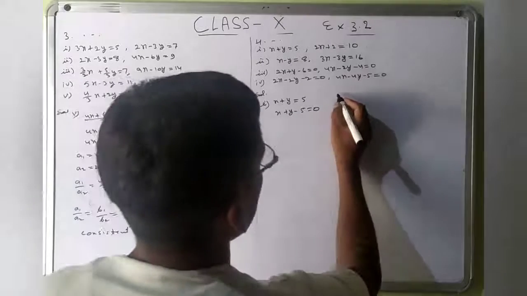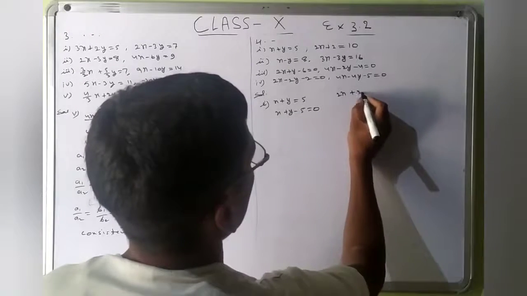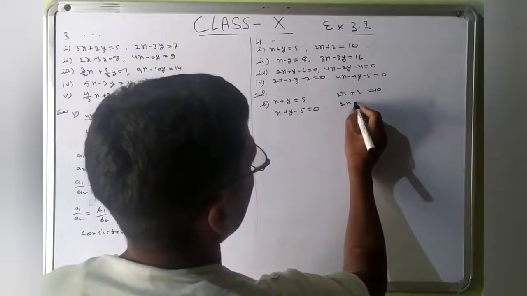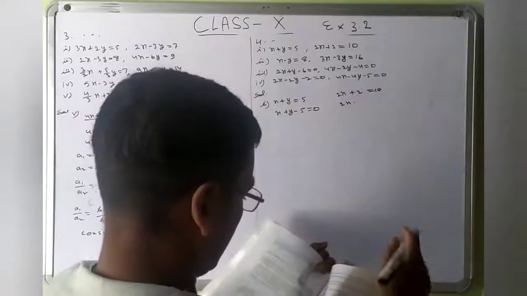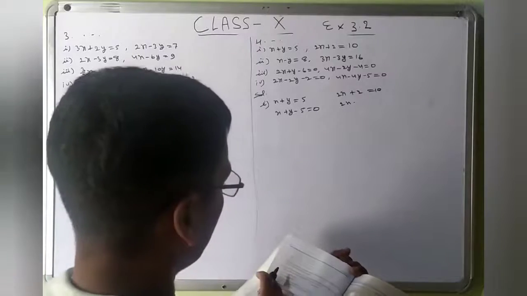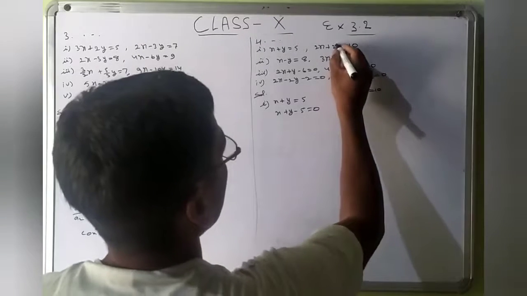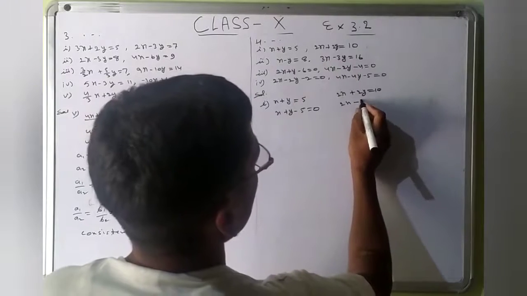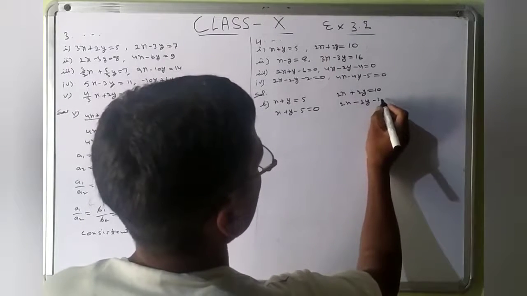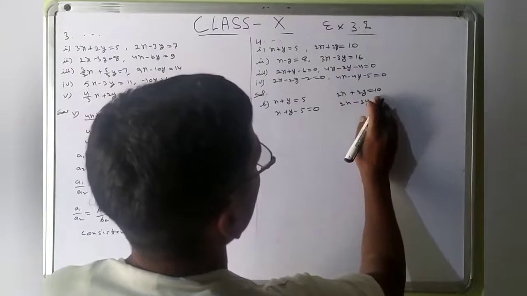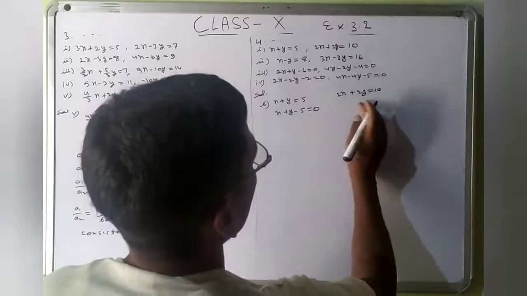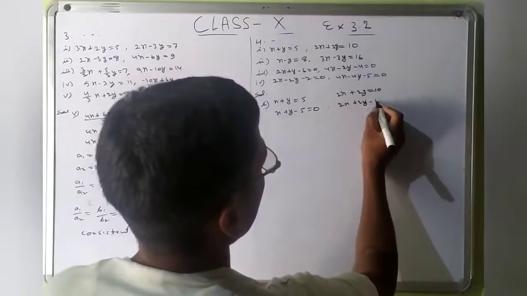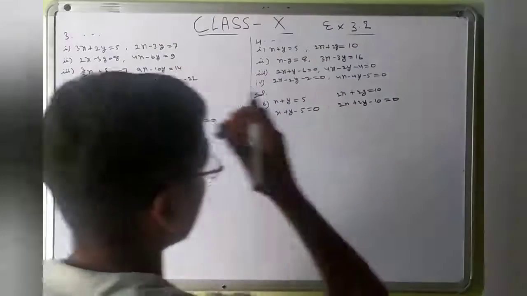And for the second equation, 2x plus 2y is equal to 10, so 2x plus 2y minus 10 is equal to 0.